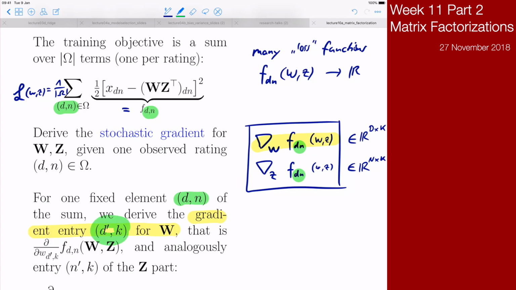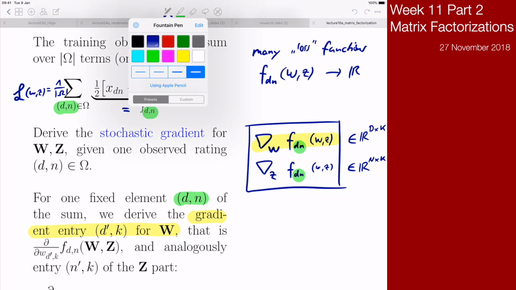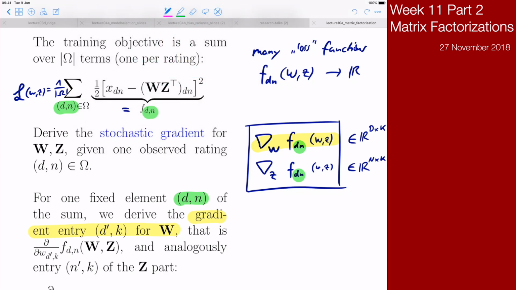So I have to decide on one particular position that I want to get. I need to choose an entry of W. Which one do you want? All I'm saying is that the name d is already taken. d is fixed. But I'm still asking for a row of W. So that's why we call this d prime here.